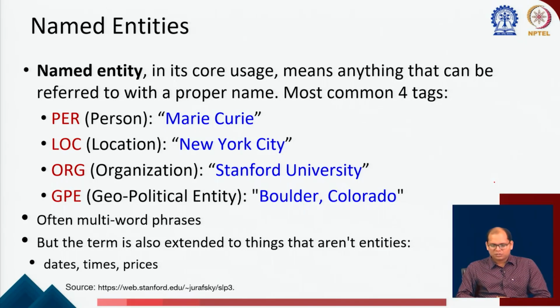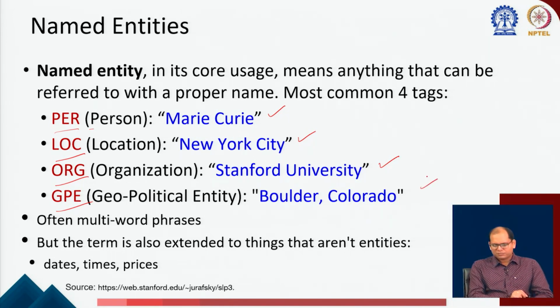Right? So you may define the entity tags separately as per your application, but in general, for example, general named entities are person, location, organization, and geopolitical entity. They are typically very generic named entities. So an example of person is Marie Curie, location New York City, organization like Stanford University, and geopolitical entity like Boulder, Colorado.